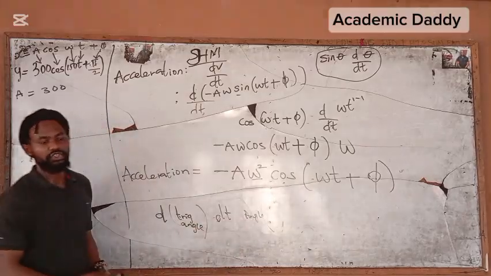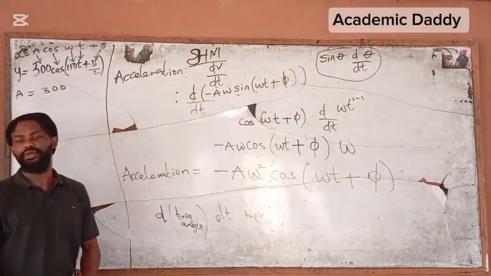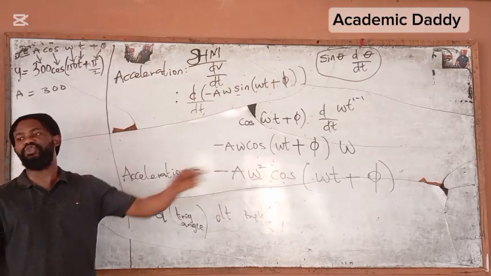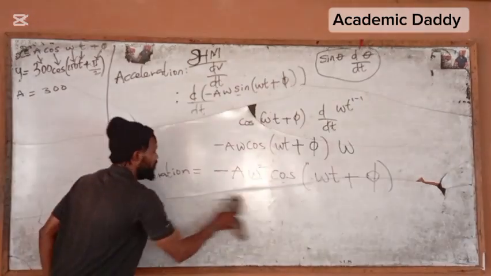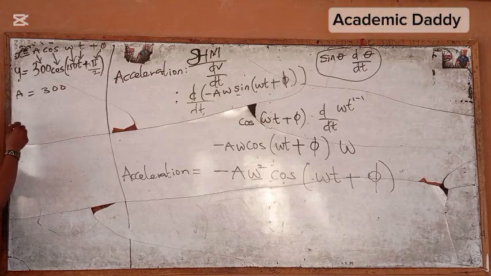If I have sine theta, I differentiate sine theta, then differentiate the angle. So once I differentiate sine theta, I will always have W to it. It's even easy. If they ask me to find the maximum velocity of this simple harmonic motion, before we can answer that, we need to derive the equation.